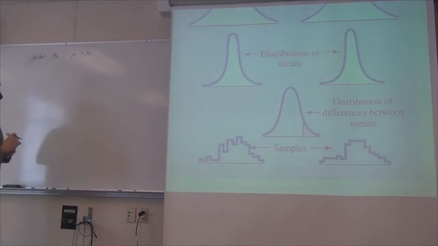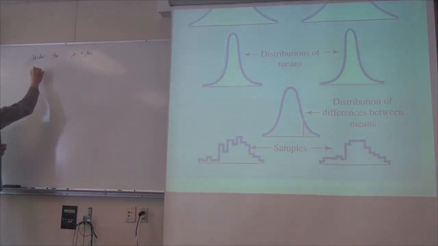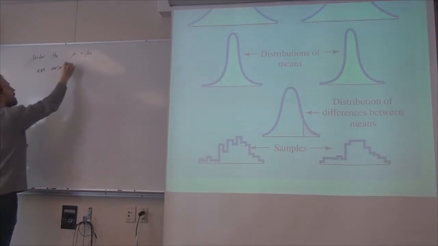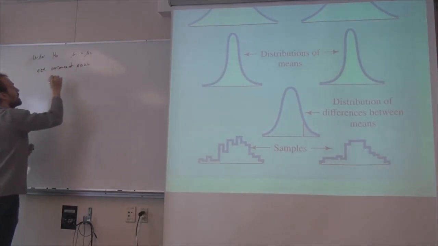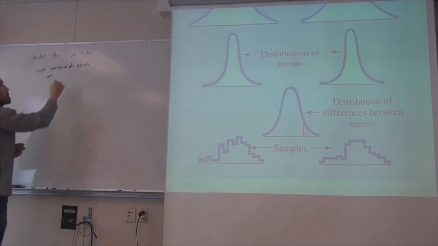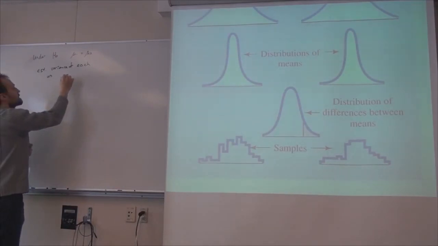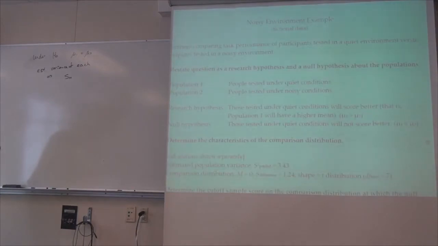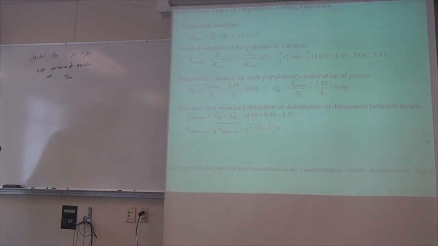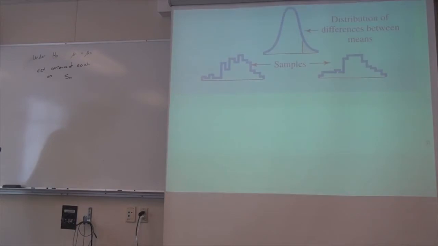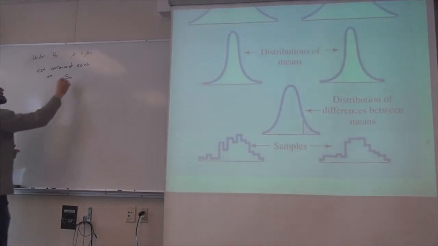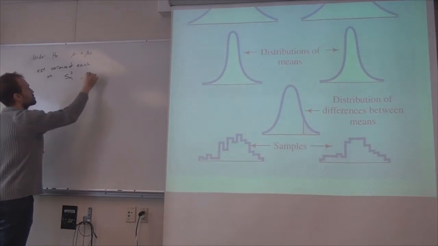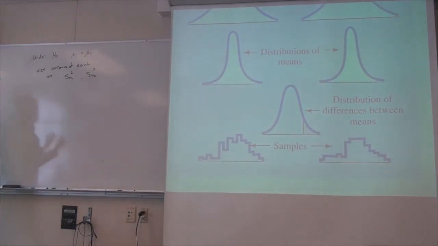And I now have the estimates for the variance of each as, what do we call them? I just want to be consistent here. SM1, SM2. SM1 squared, SM2, variance, standard deviation, doesn't matter.